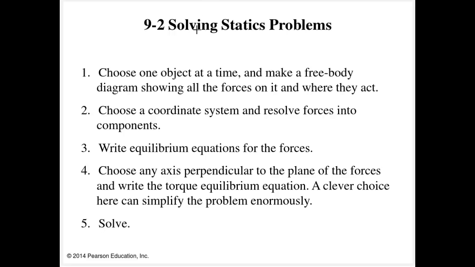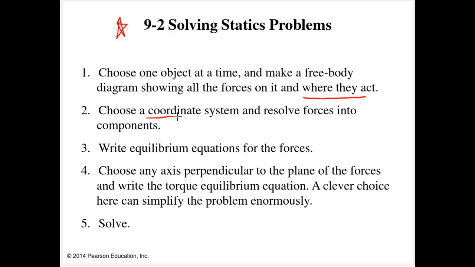So solving statics problems is actually very similar to solving Newton's second law problems. We're going to choose our object, or objects if there's more than one, split them up, and draw the free body diagram showing all the forces on that, as well as where they act, being any distances involved.